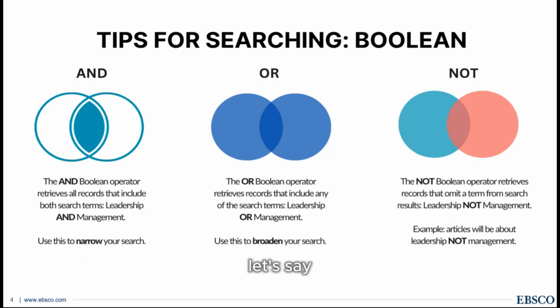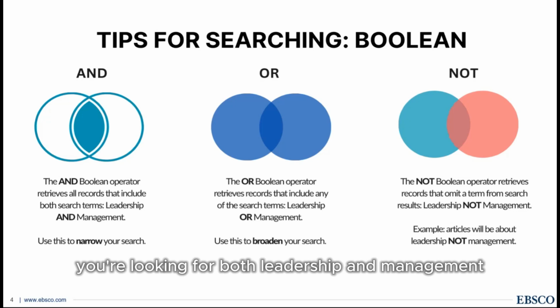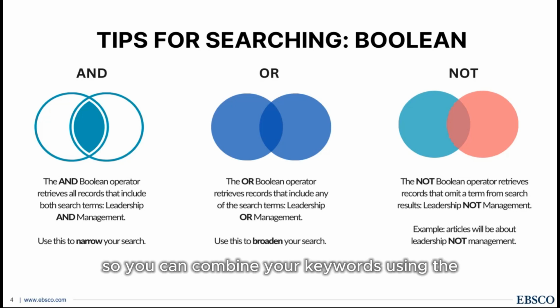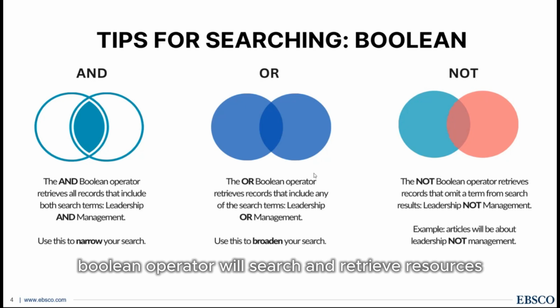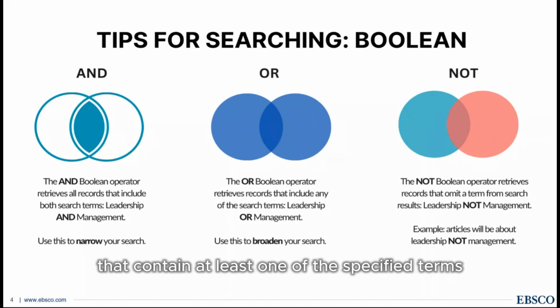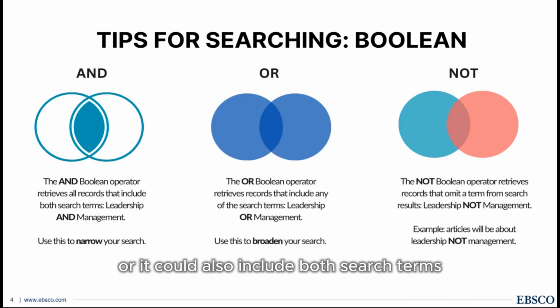Let's say you're looking for both leadership and management. You can combine your keywords using the AND Boolean operator, and this would retrieve results that contain both keywords. The OR Boolean operator will search and retrieve resources that contain at least one of the specified terms, or it could also include both search terms.